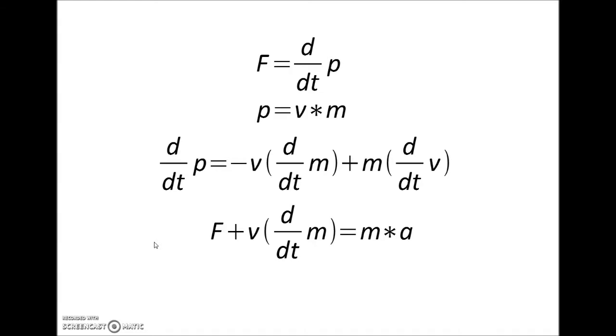Now somebody smart a long time ago figured out a simpler form of this equation for rockets. He said that the change in velocity of the rocket itself is equal to the velocity of the exhaust times the natural log of the initial mass of the rocket over the final mass of the rocket.